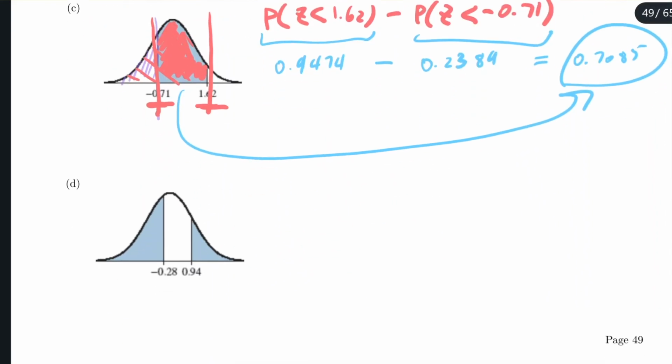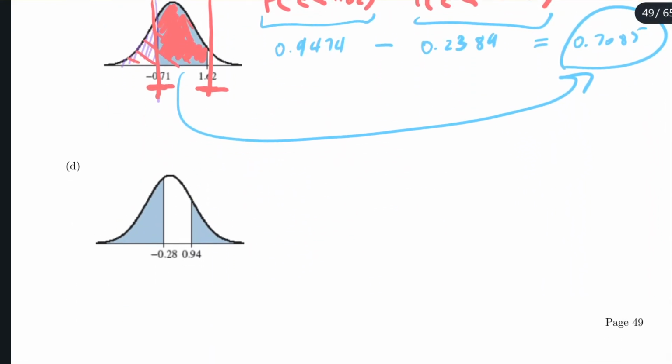So let's look at D. I'm going to actually have you try D on your own. So pause the video. And of course, I'll write the answer. So find this area, which is P less than negative 0.28 using the z table. And this one will be the area greater than, right?